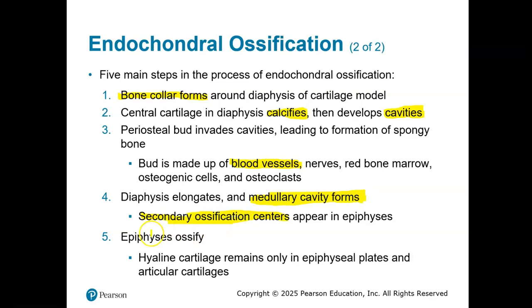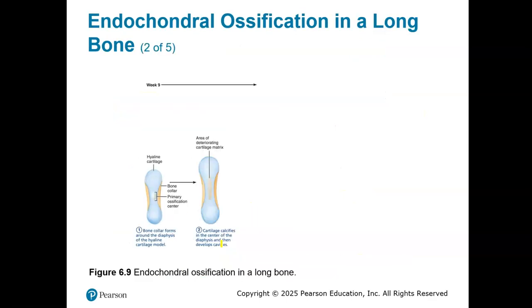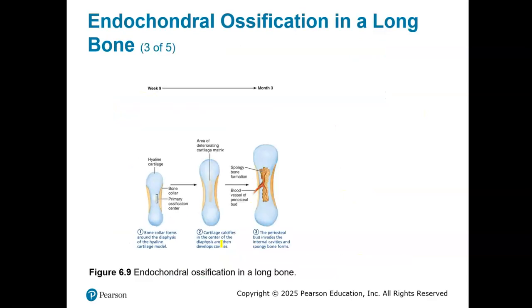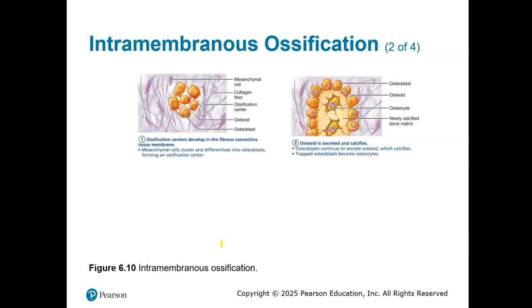And then step 5, the only cartilage that remains is the cartilage in the epiphyseal plates and the articular cartilage, which is at the ends of the bone. And all of this cartilage that remains is hyaline cartilage. Okay? So that is endochondral ossification.